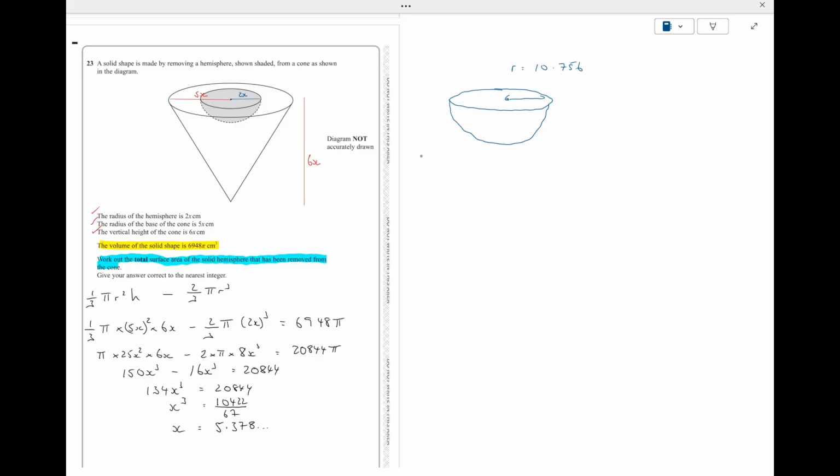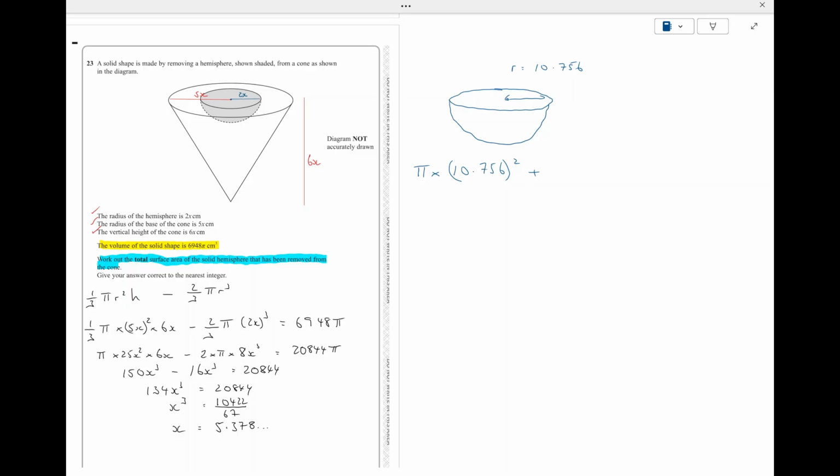But I find its surface area. Well, it's got two surfaces, hasn't it? It's got this circular face on the top. So that's the area, that's going to be pi times r squared. So that's pi times 10.756 squared.